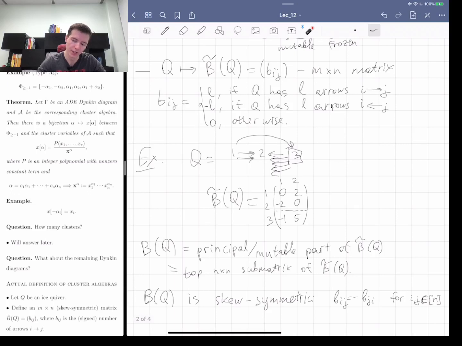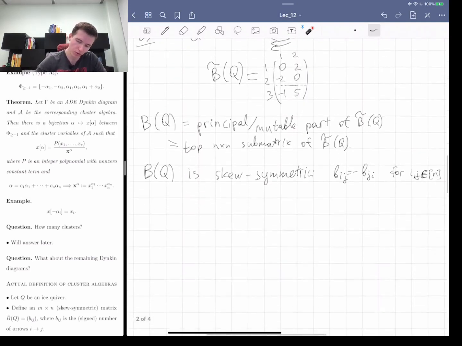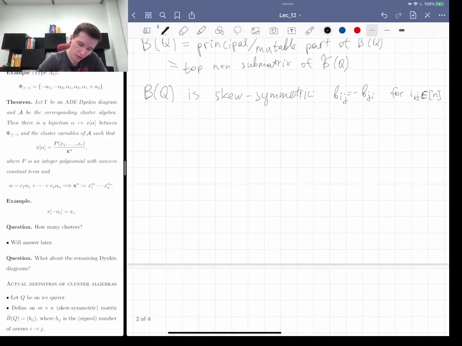this is all nice, but then I have to explain to you, let's say I take my quiver and I mutate. In cluster algebras we mutate our quiver. So what happens to the matrix b tilde when I mutate my quiver q? Question.